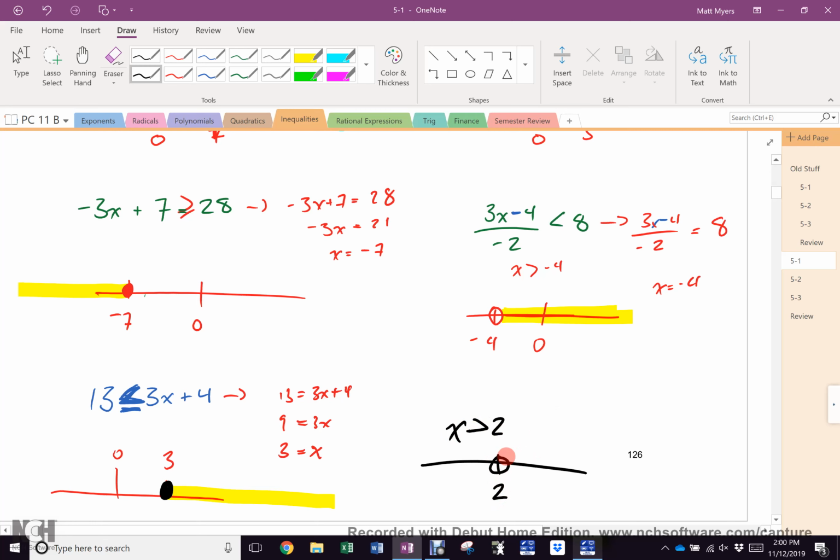Open circle. And which way does the arrow go? Right. Because x is greater than 2, right? Okay. In red, how would I draw this? Exact same thing. Because 2 is lower than x. So that means x is greater than 2.